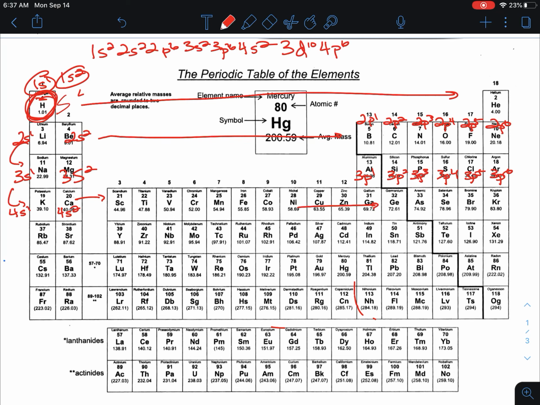Then you go down to the next level, 5s2, 4d10, 5p6, then 6s2, and after 6s2 you go to 4f14, and then 5d10, and so on and so forth. This is always the same progression of electron configurations.